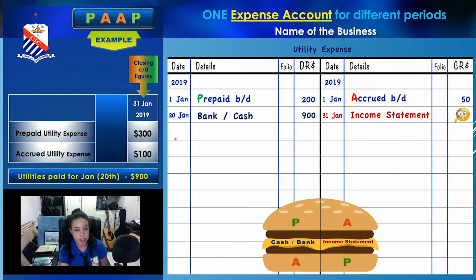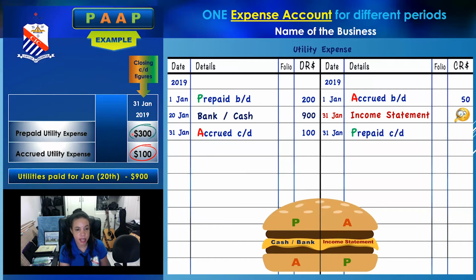So we're just moving on to our closing figures now. And the 31st of January. And since it's PAAP, we will have the accrued carry down. You look at your closing figures. Is there any accrued? Yes, there is 100. So you put it on the debit side. And you have PAAP and the last P, 31st of January, prepaid, carry down.